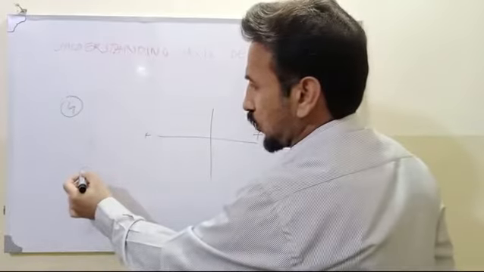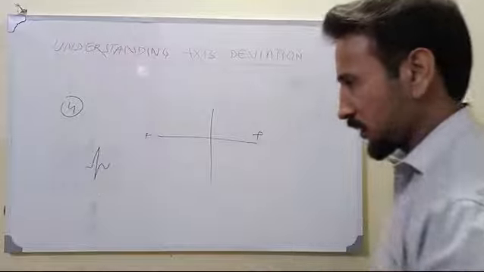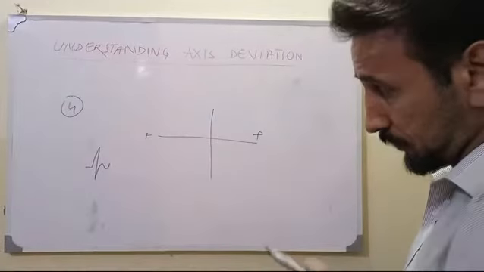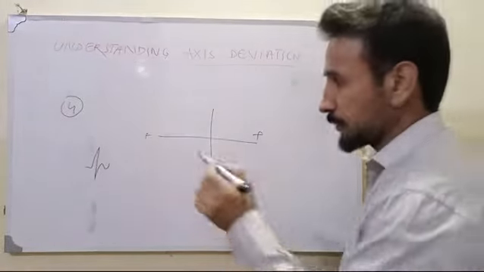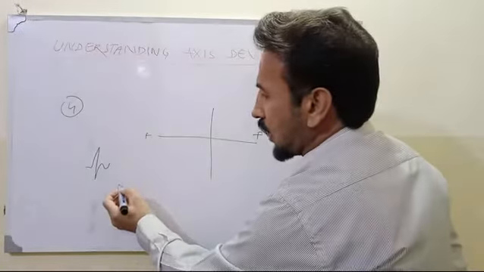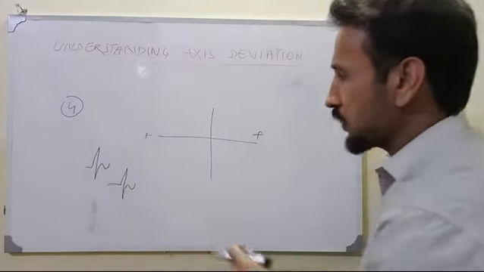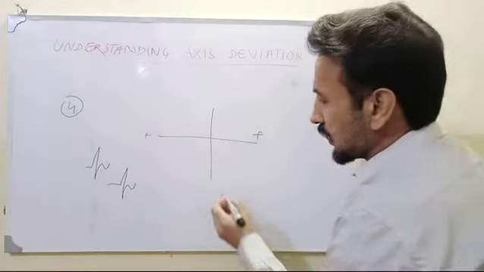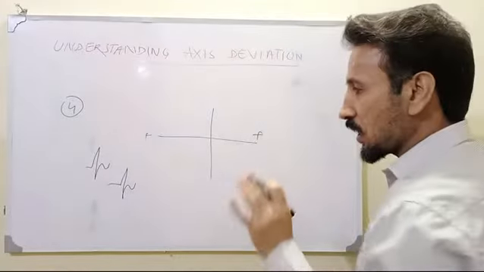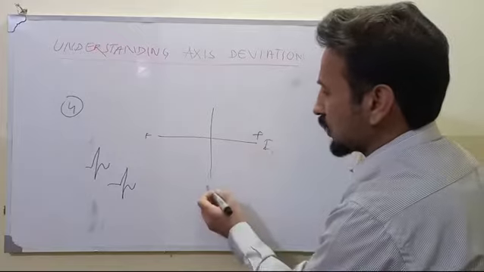We have to look for the QRS complexes' upward and downward deflection in lead 1. If the R wave and the S wave are of equal magnitude in lead 1, this means that the cardiac vector is lying at 90 angle to lead 1, which is AVF.